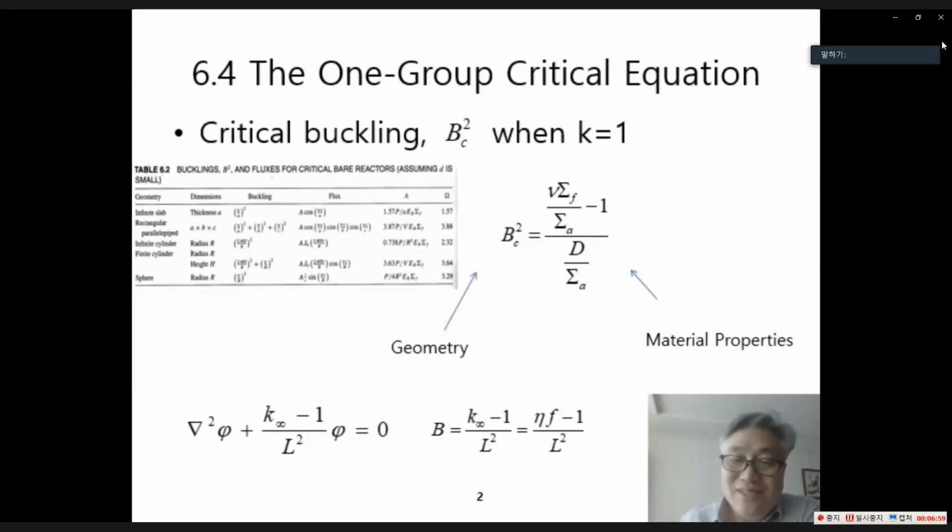That means you will probably see problems utilizing this equation in the entrance exam of graduate school, the entrance exam of Korea Hydro and Nuclear Power, or when you undergo a national exam for nuclear engineer.